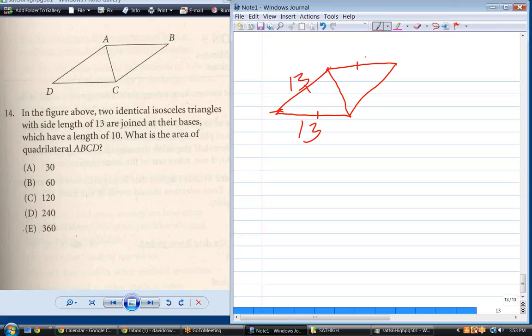But even if it was, to drop a perpendicular there, there's no way I'm going to be able to figure out what that height is. Impossible, I think. Okay.